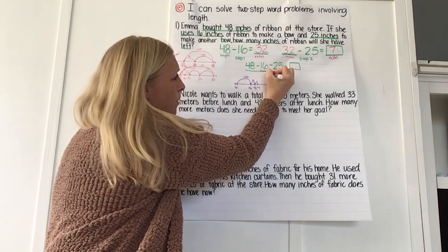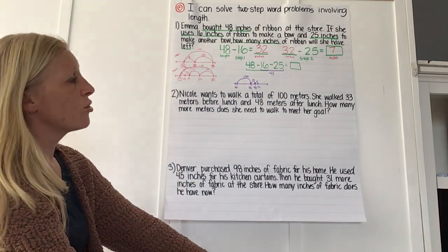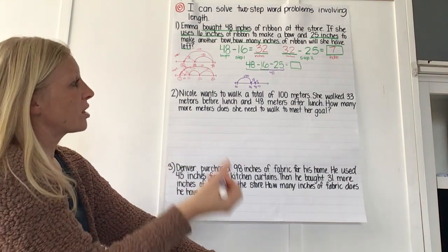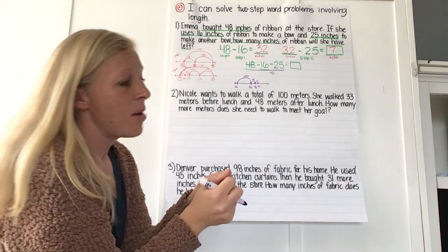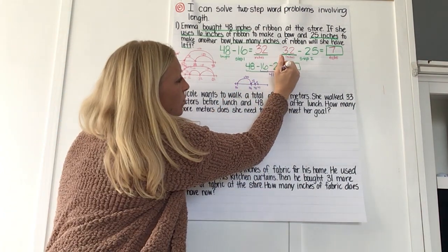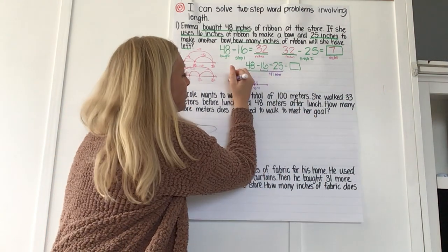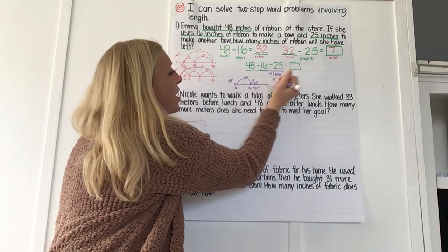Okay, so you added 16 and 25 together, so you knew the total. You used 16, you used 25. How much ribbon did you use to make bows? 41 inches was used to make the bows. So what did you do next? So this is your step 1.